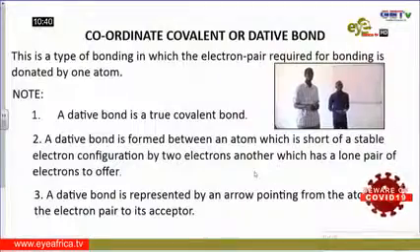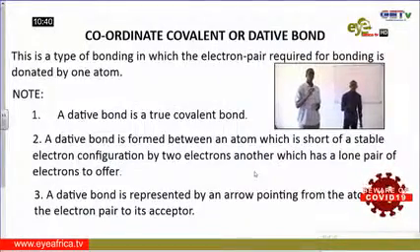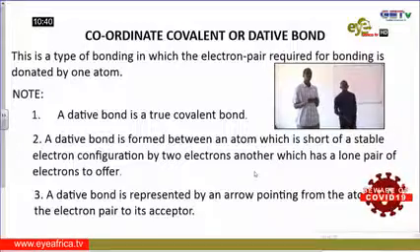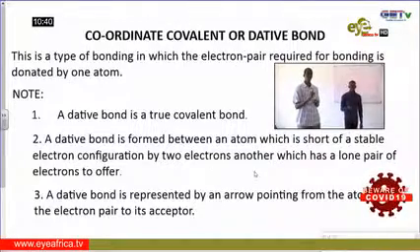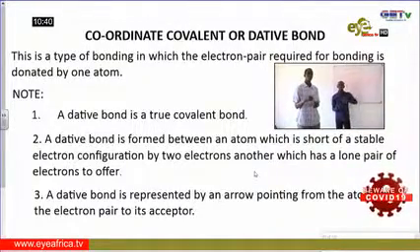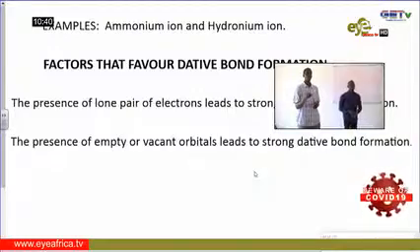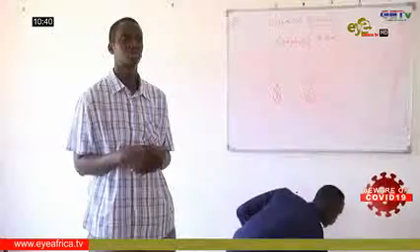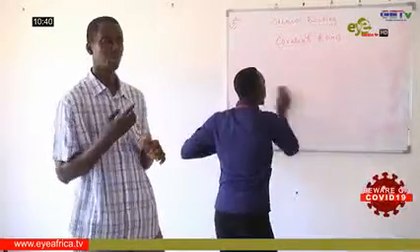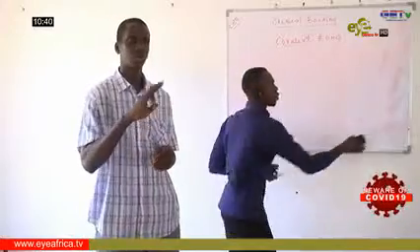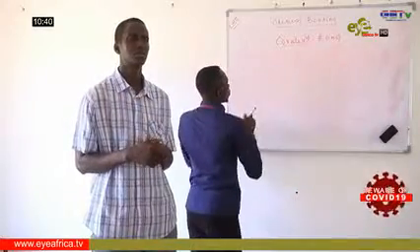Now a dative bond is represented by an arrow pointing from the atom with the electron pair to the electron acceptor. We use an arrow to show this kind of dative bond. The examples we have in this case are the ammonium ion and also the hydronium ion.